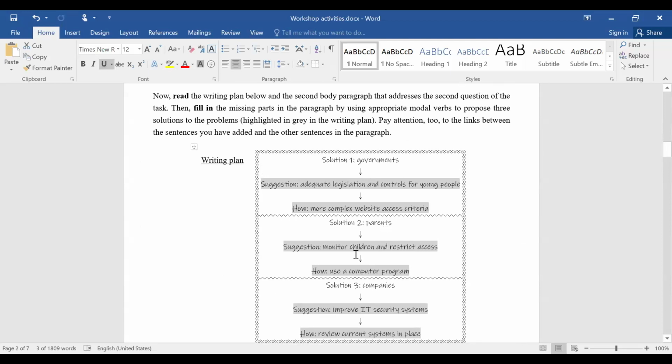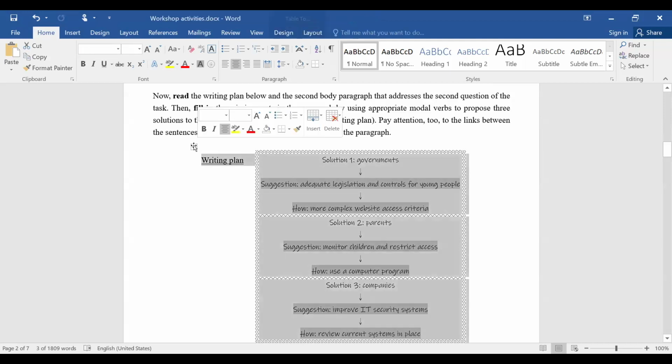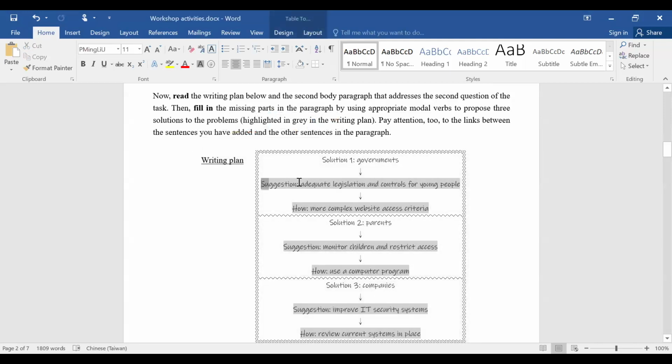I would like you to make use of the writing plan here to put these suggestions, which I've highlighted in gray, into complete sentences using appropriate modal verbs.